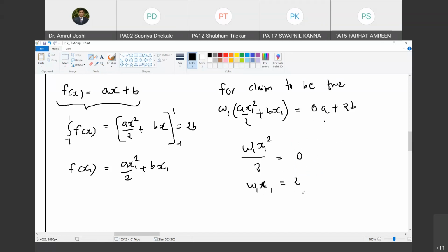Okay, now it's easy to solve. If I substitute w1 x1 equal to 2, what do I get? 2 into x1 square by 2, so x1 is equal to 0. And x1 equal to 0 gives me, what is the value of w1? What happened here? w1 into x1 is equal to 2?